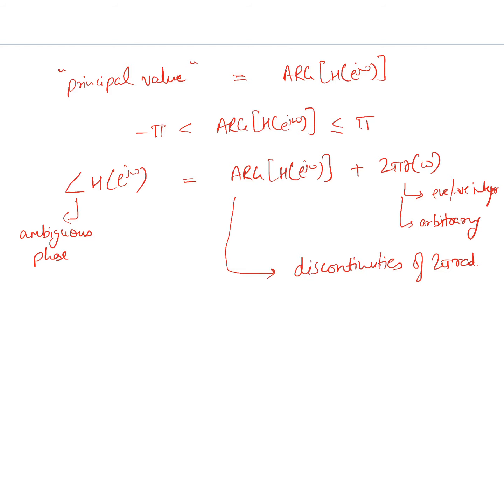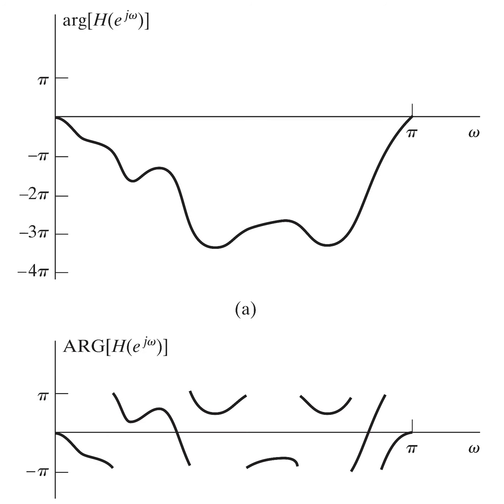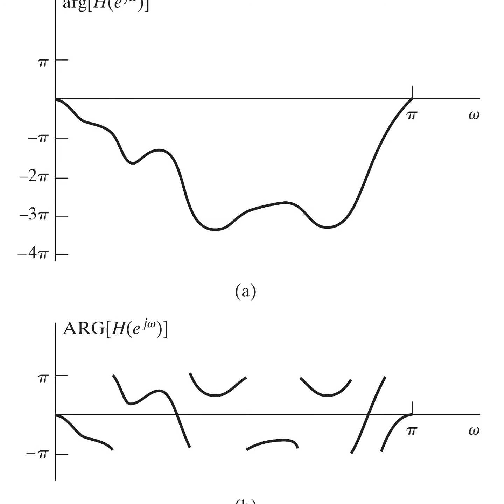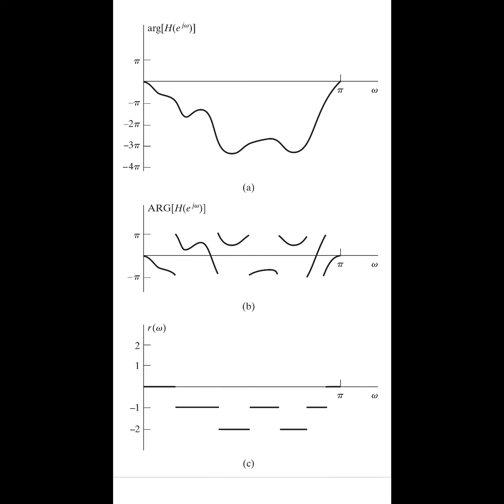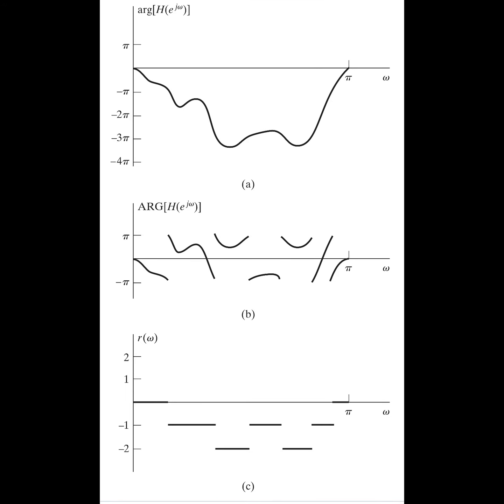Okay, let's see. So here, for some LTI system, this is the argument in small letters. Small letters is basically the angle, the denotation we have used.